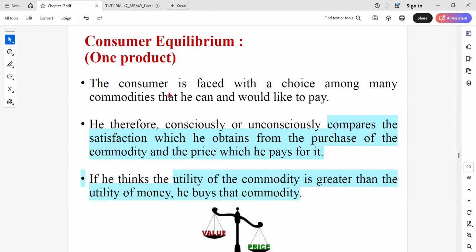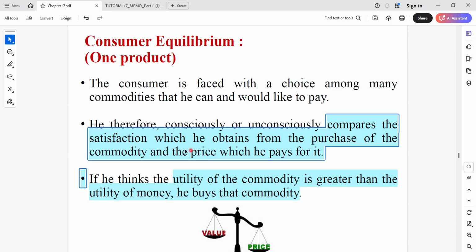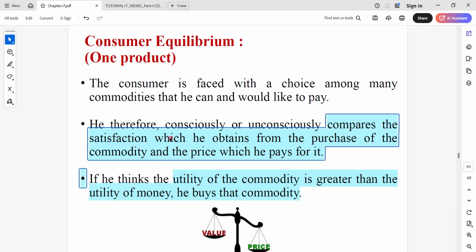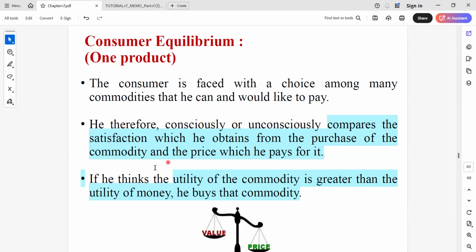So the consumer is faced with a choice among many commodities that he can and would like to pay for. He therefore consciously or unconsciously compares the satisfaction which he obtains from the purchase of the commodity and the price which he has to pay. So if you're just buying one product, you will have to compare the price of that product and the satisfaction which you would get from that product.